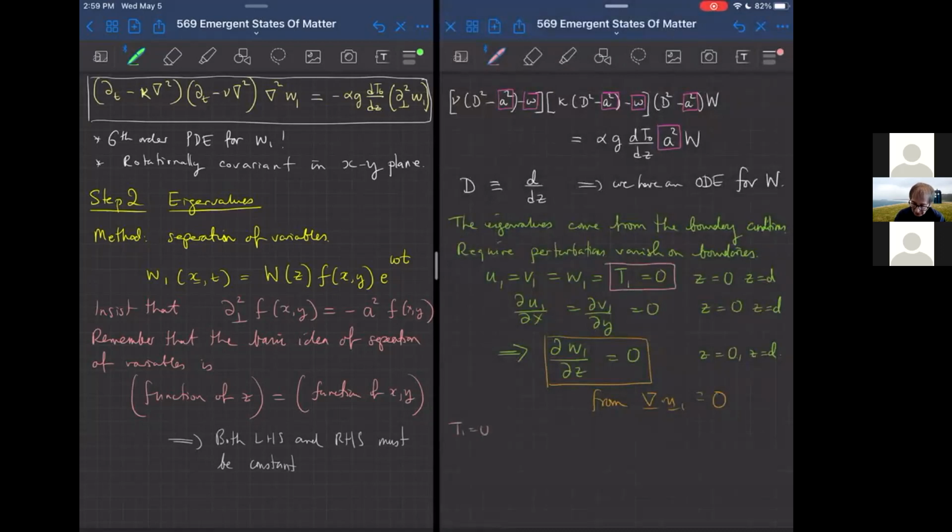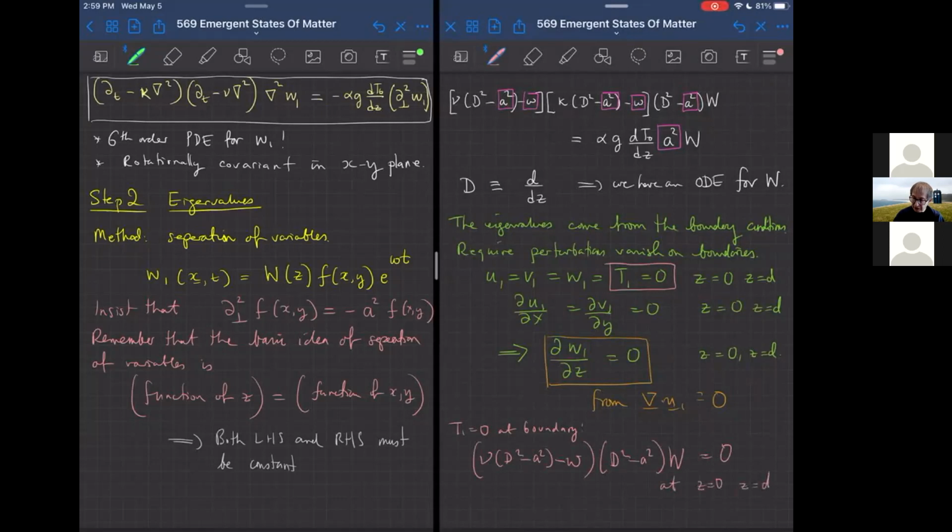If T1 is equal to 0 at the boundary, then we get a very complicated boundary condition for this function W. It looks like this: (ν(d² − a²) − ω)(d² − a²) acting on W is equal to 0 at z equals 0 and z equals d.